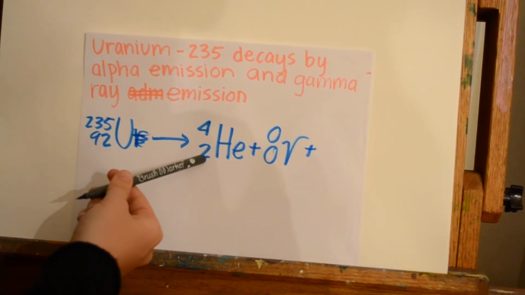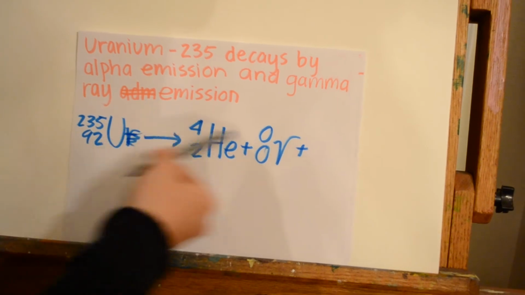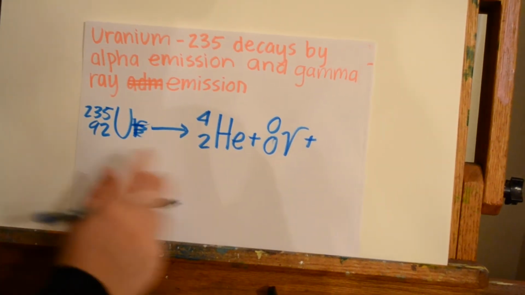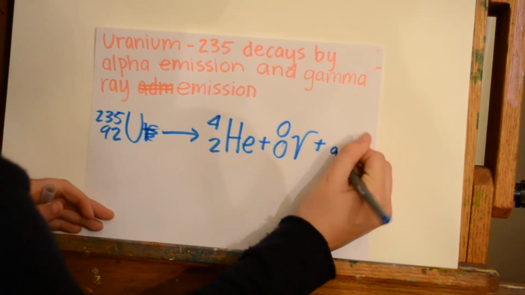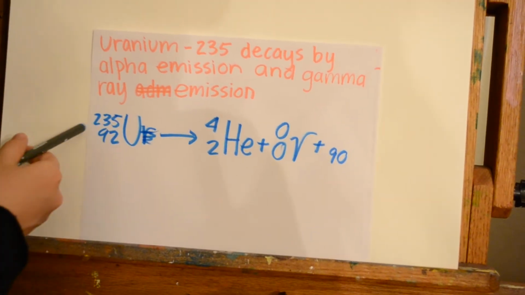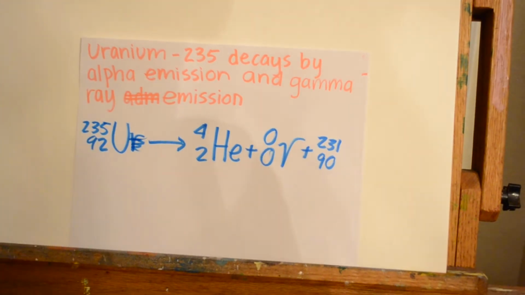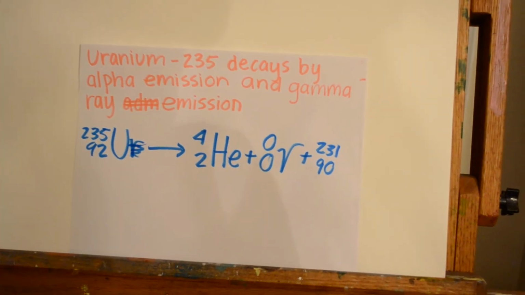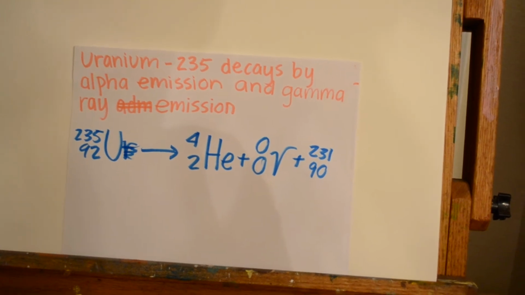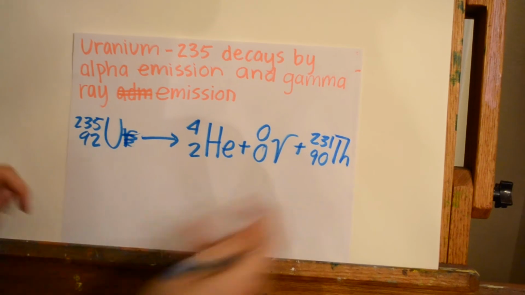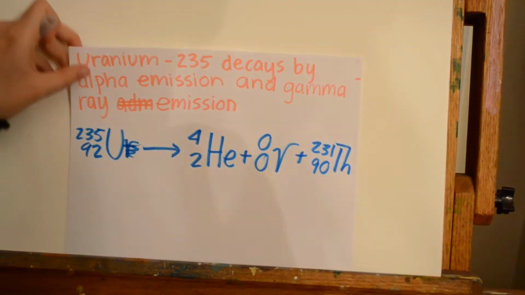We add all of these together, which is just 4 over 2, because these are zeros. So we say 92 minus 2 is 90. 235 minus 4 is 231. 90 on the periodic table is Th, and that is yet another balanced equation.